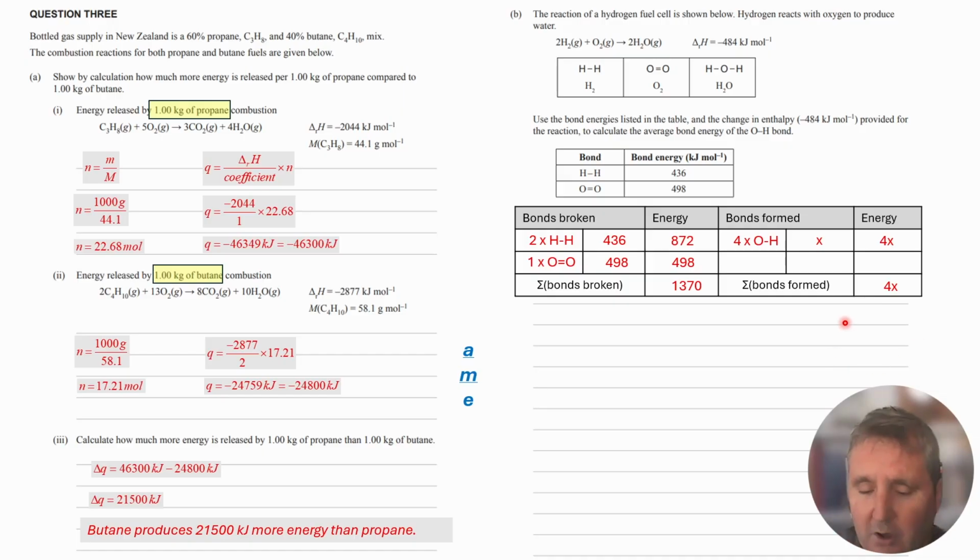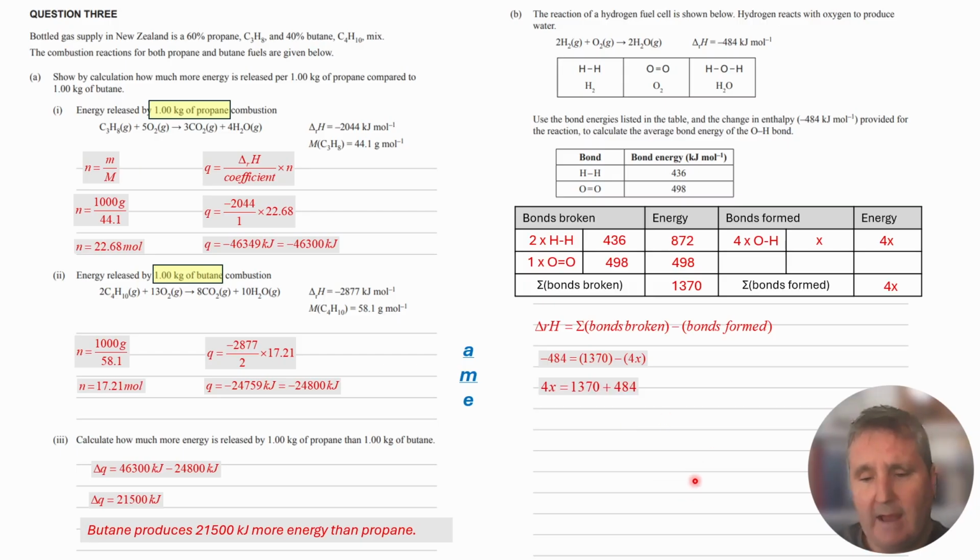Now this is important because now I'm going to use the equation that we can get from our resource sheet. The enthalpy of the reaction equals the total of the bonds broken minus the bonds formed. And I'm going to substitute these 2 values, 1370 and 4x, into this equation. And I get the following: negative 484 equals 1370 minus 4x. Then I rearrange this equation to make x the subject. So 4x equals 1370 plus 484.